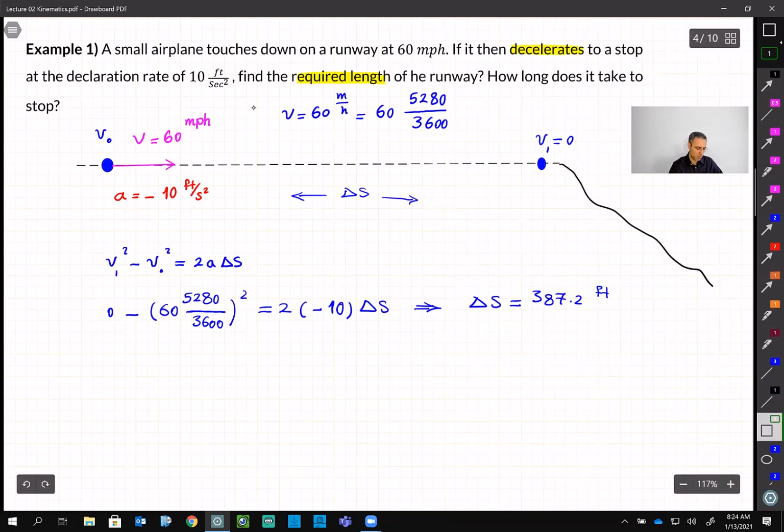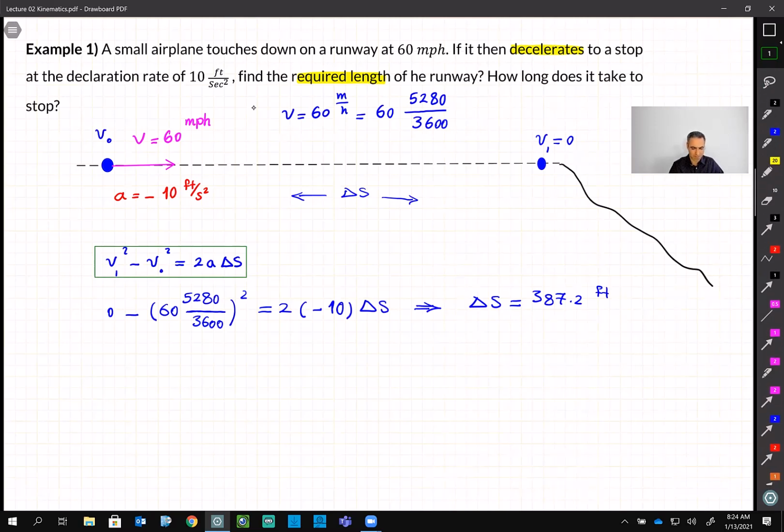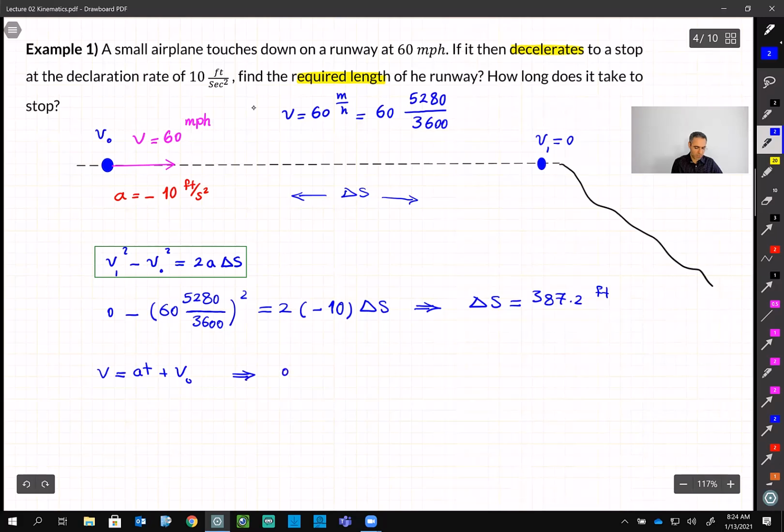So maybe this is too simple for you guys, which I can guess because this is basically something that you've seen in your physics. So the second part of the question is very simple. It asks how long does it take for this airplane to land or to stop? So since the acceleration is constant, then simply we have the formula V is equal to AT plus V0, right? And we want it to stop.